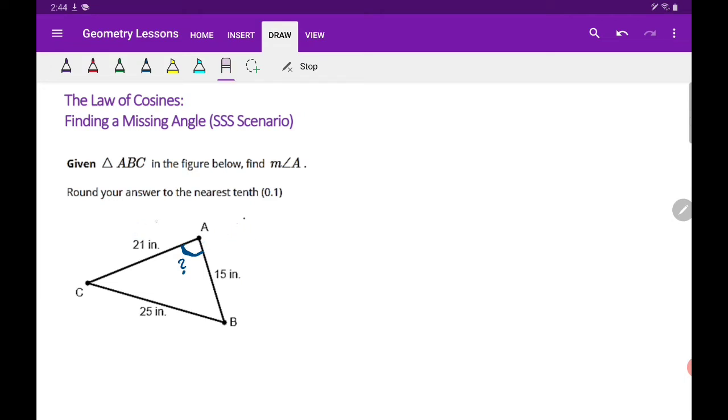Again, I told you, just remember the ABC in using the law of cosines. So that's the formula we're going to be writing. It says that A squared plus B squared minus 2 times A times B times cosine C is equal to C squared.